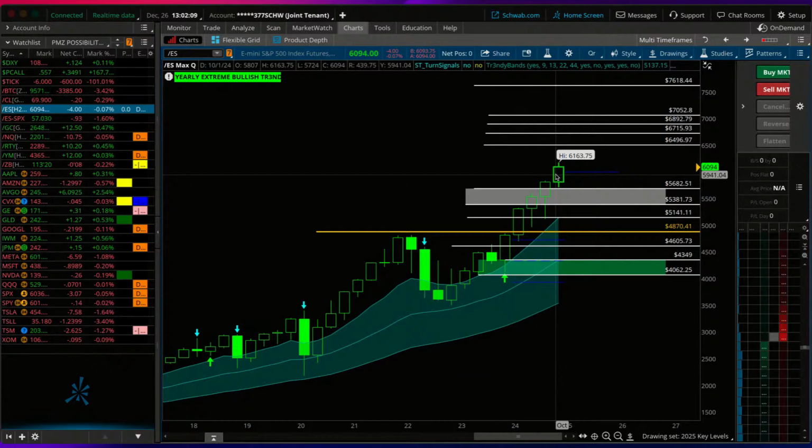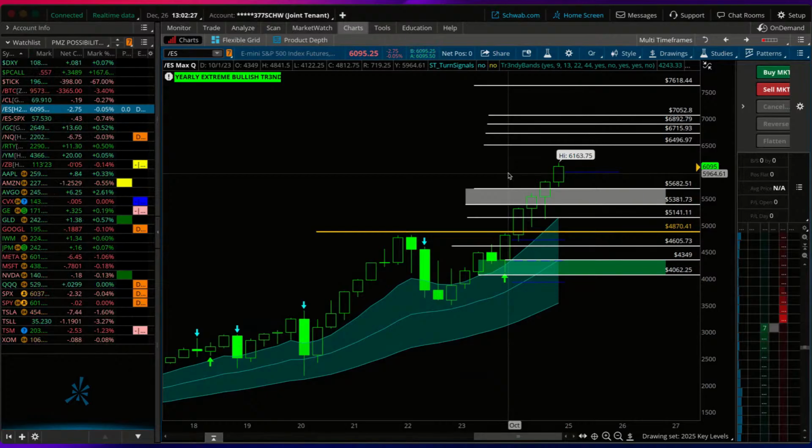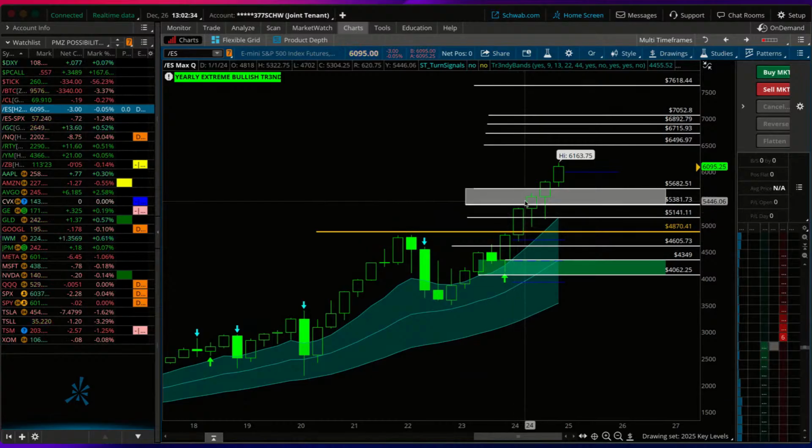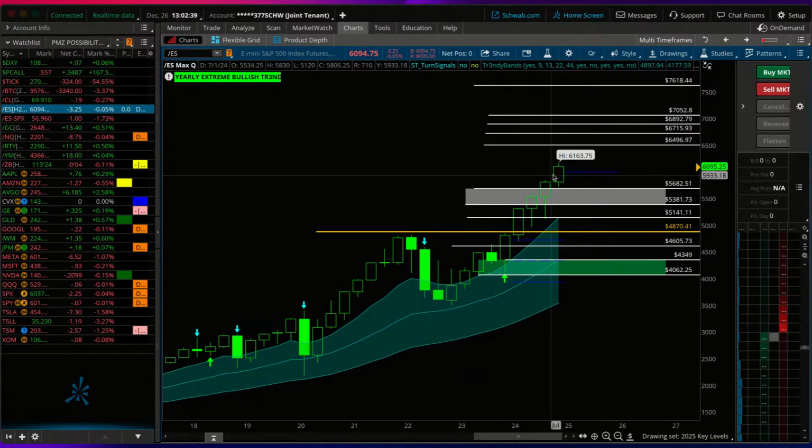Once we created that demand zone, we have had one, two, three, four, and five quarters to the upside. Now, I did look back and just see, okay, is this an anomaly or have we done this before? And looking all the way back, 2010, 2015, way back, there have been times that the market has actually had 8, 9 quarters where the price traded to the upside, each quarter closing higher than the quarter before it.